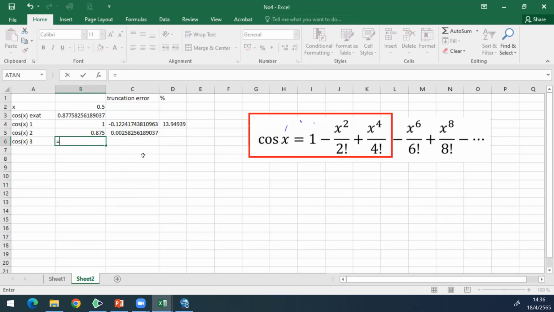It becomes 1 minus x power 2 divided by 2 factorial, which is 2, right? And then plus x power 4 divided by 4 factorial, which is 24, right?